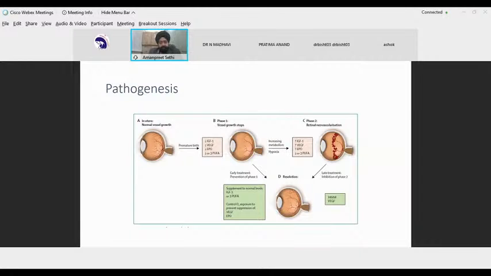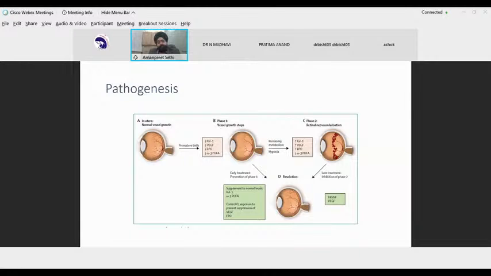And so phase 1 ROP which develops is because of hypoxia in the retina. What happens is, when the baby is born into the oxygen rich environment, everybody after the delivery of the baby starts oxygen.